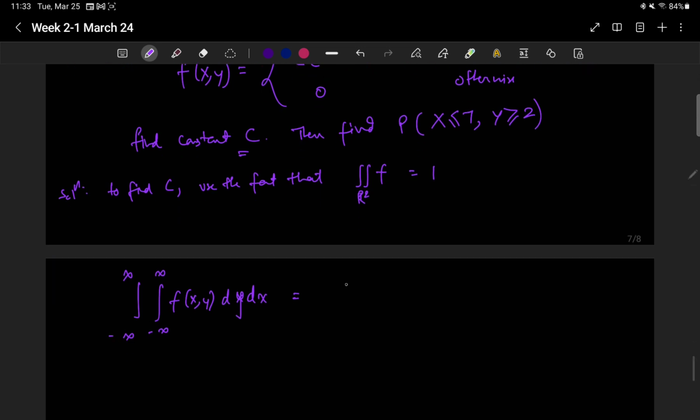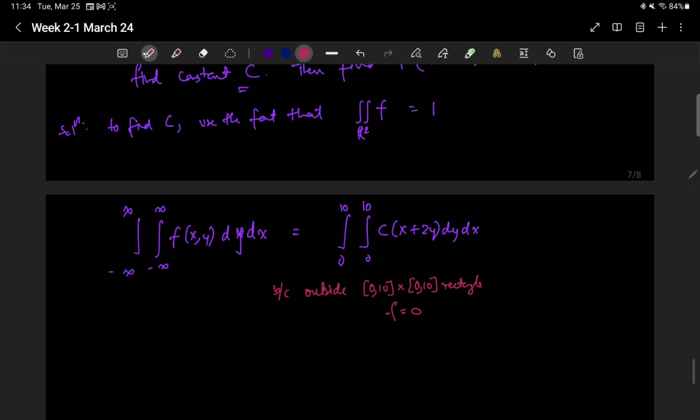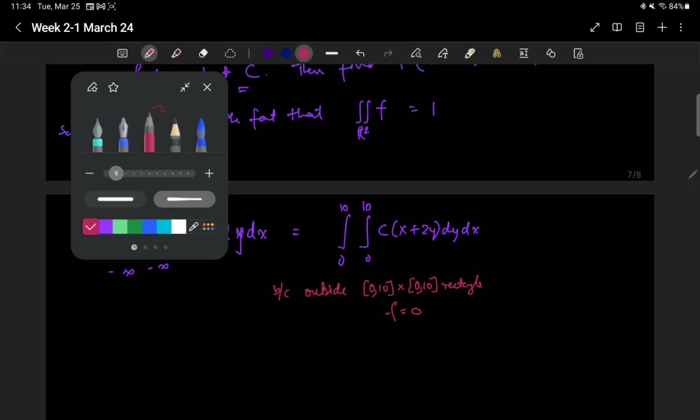So here, this will simply reduce to the integral from 0 to 10 and another 0 to 10 of c times (x plus 2y) dy dx, and that's because outside of the 0 comma 10 cross 0 comma 10 rectangle, f is 0. So we're just adding a bunch of zeros, so it doesn't matter. We don't have to take that into consideration.